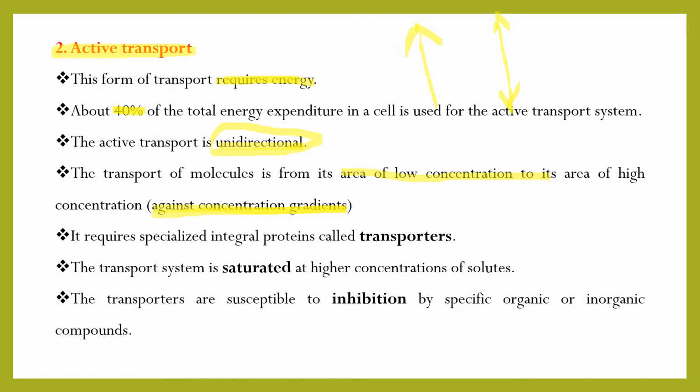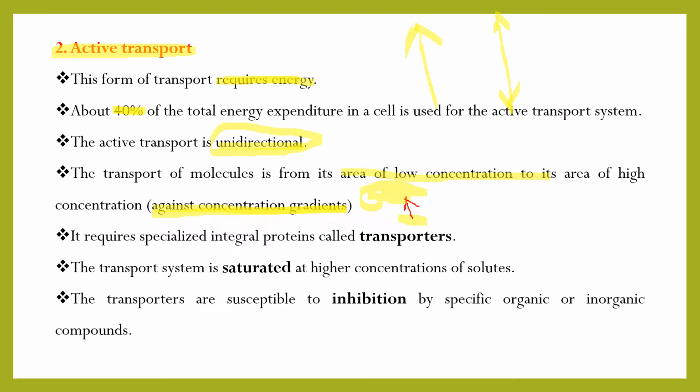In active transport, molecules or substances are transported from low concentrated to high concentrated areas. Always unidirectional, they are moved from low concentration to high concentration.